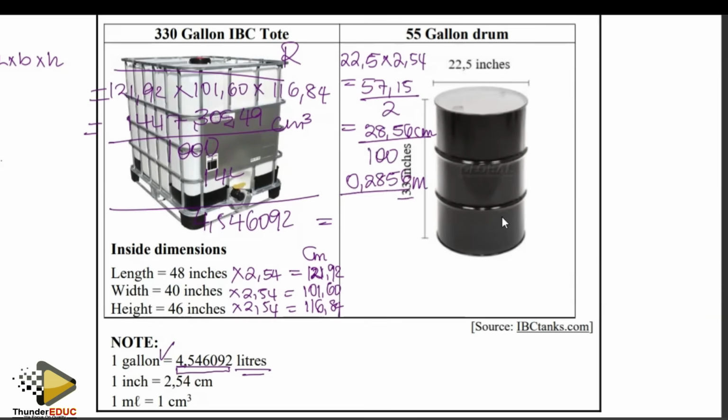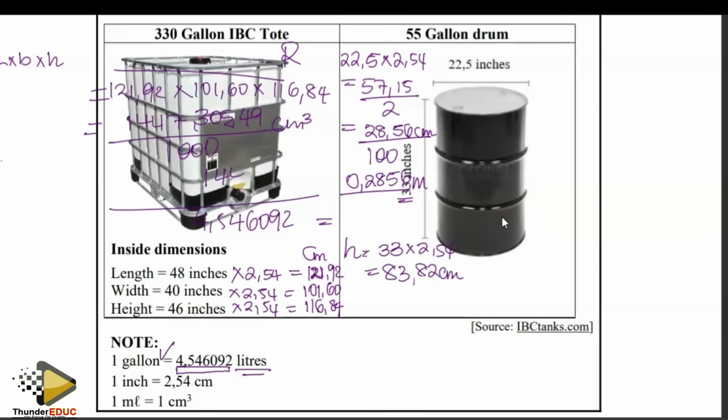What about the height that we had? The height was 33. Also change it. Now the height will become 33 times 2.54, which is 83.82.